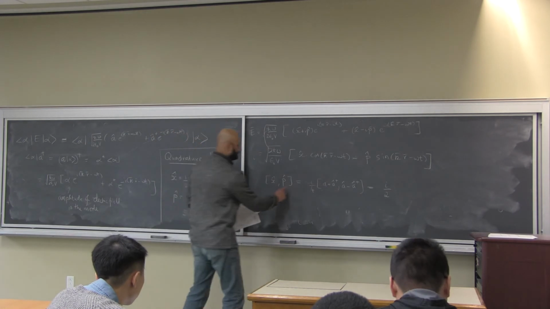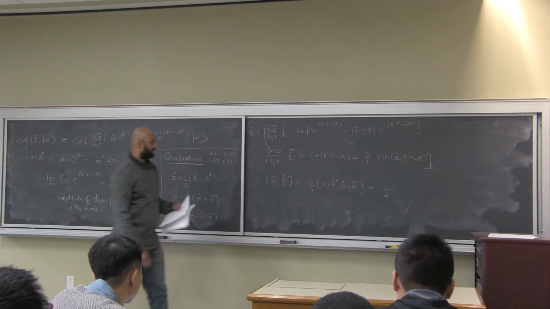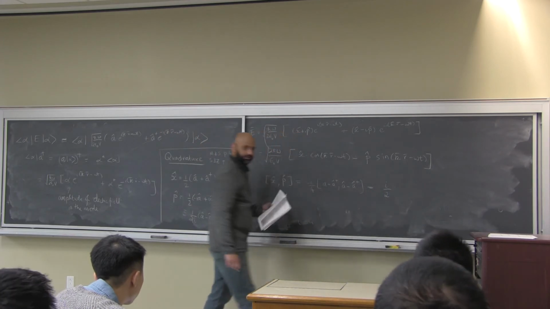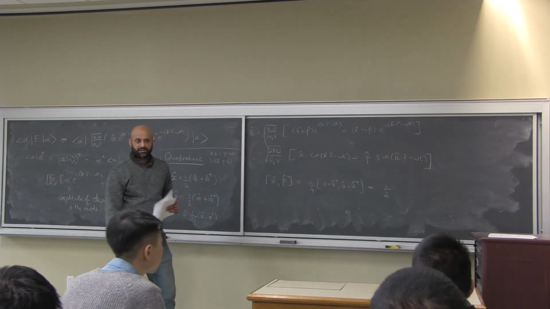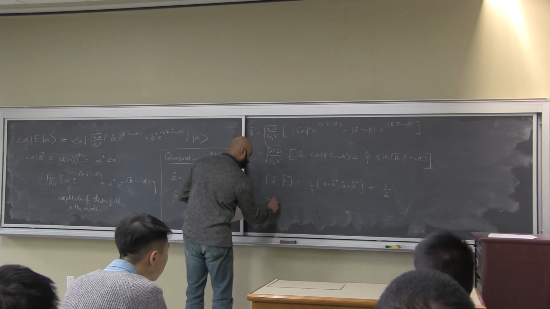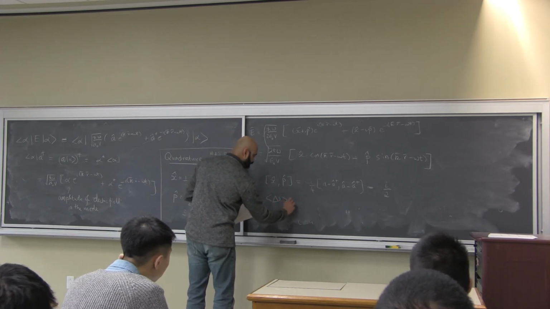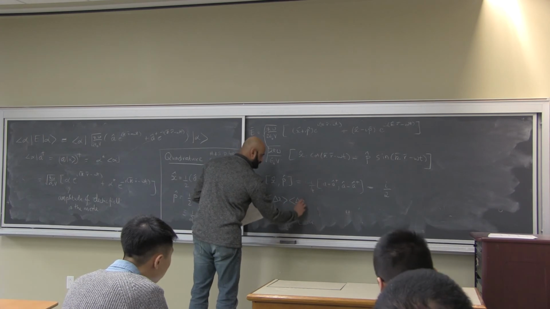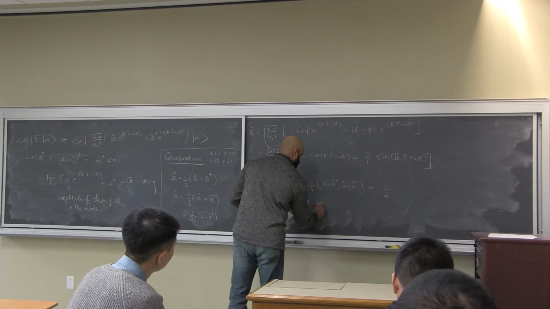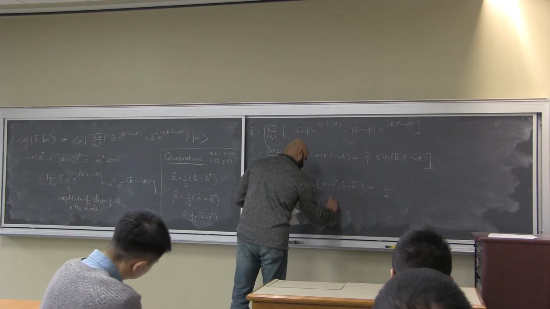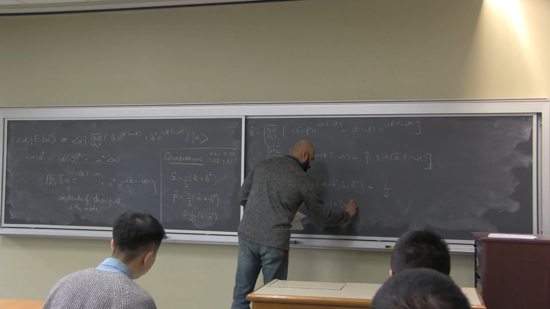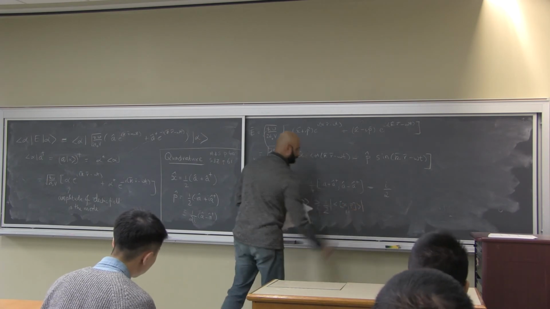In the very first or second class, we said that whenever two operators have a certain commutation relation, the Heisenberg uncertainty relation says that their variances, which is delta x and delta p, will satisfy this relation for the commutators.